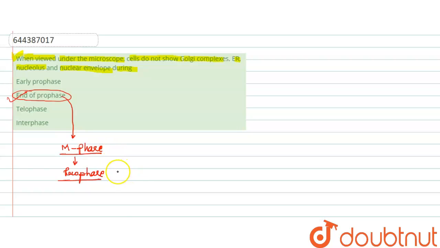Now, if we talk about the end of the prophase, it is marked by initiation of condensation of chromosomal material.